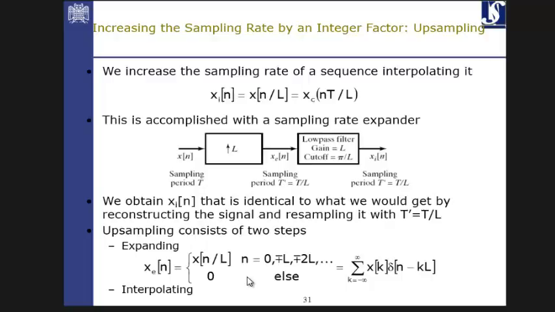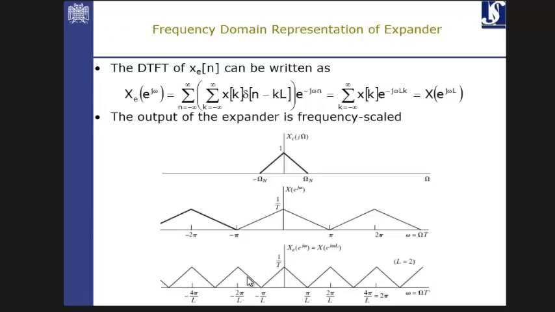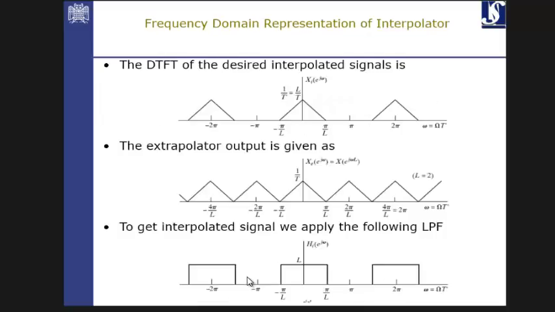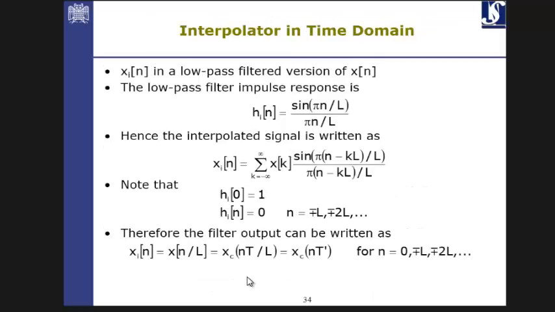But in practice, you need to have a filter again, a low-pass filter, with the cutoff frequency of pi over L. We just take it. So that's for upsampling. The result of that would be nothing but compressing the spectrum. It's not dangerous by itself.